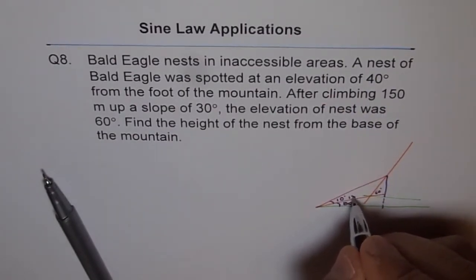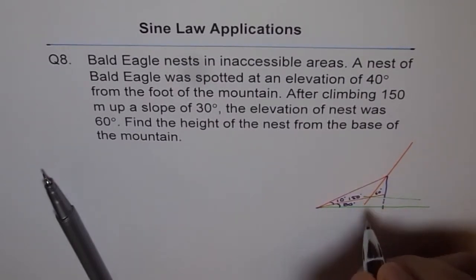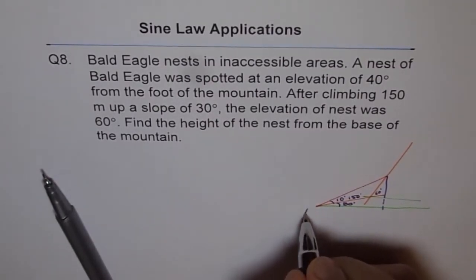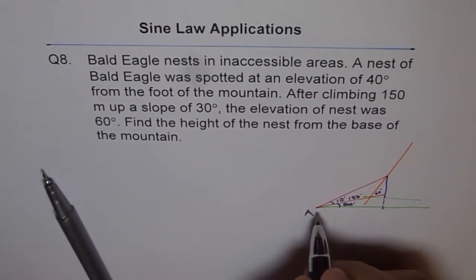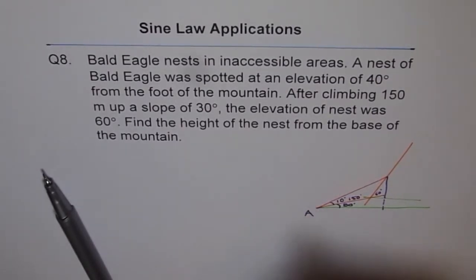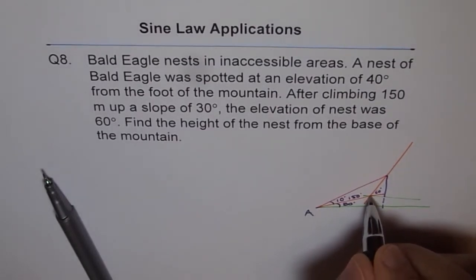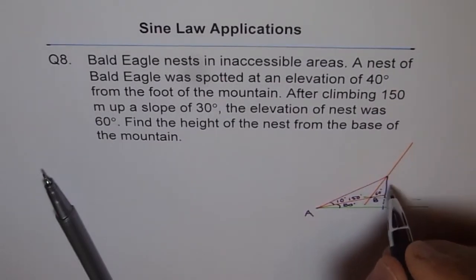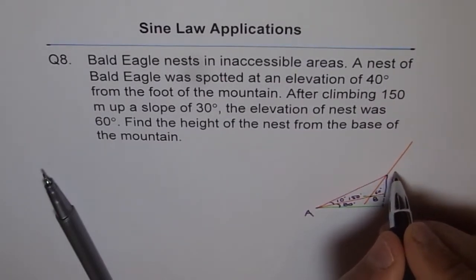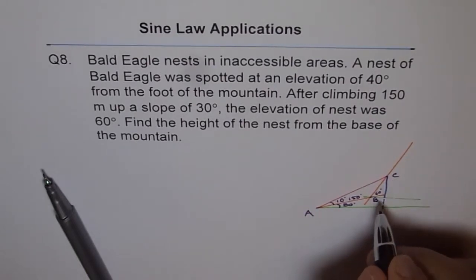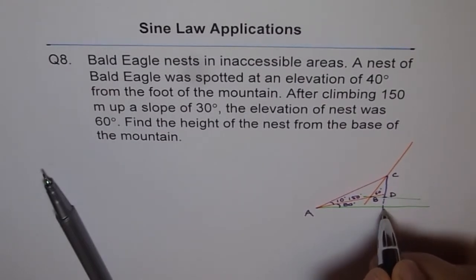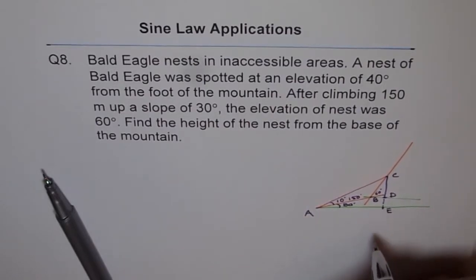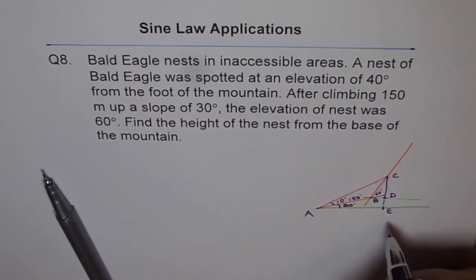Let's call this point A, the foot of the mountain or the hill, and then you walk 150 meters to reach the point B. From B, the angle of elevation for the nest is 60 degrees, and let's say this point is C, the nest. And then we can draw in here, and that point let it be D, and let this be E, from the bottom of the hill. So that is a figure.